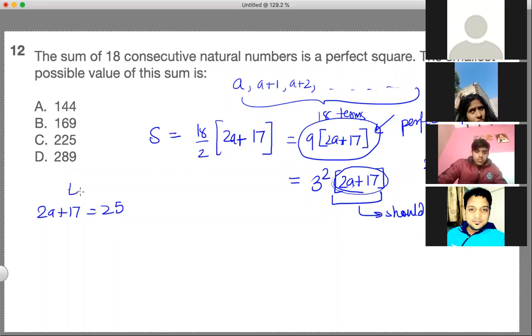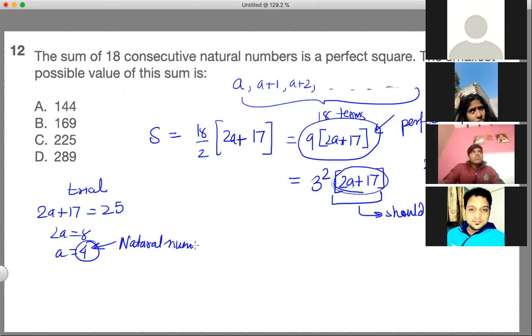This is only a trial. I am not still solving the question. Okay, this is a trial. So 2a plus 17 is equal to 25. So 2a is equal to 8 and a is equal to 4. 4 is a natural number.